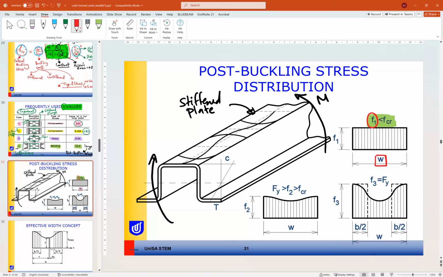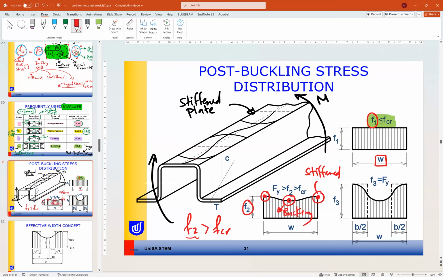But the problem is when the stress exceeds the critical elastic buckling. If F2, the stress in the plate, exceeds the critical buckling, the stress at midspan will be less than at the edge because the edges are stiffened. So no buckling will happen there, but in the middle it will be reduced due to buckling.